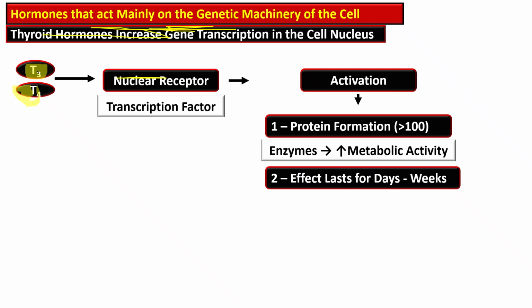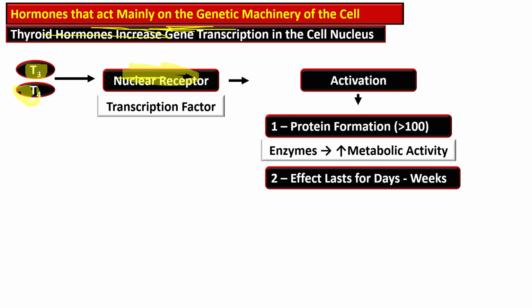They enter the nucleus and bind to the thyroid hormone receptor, and this thyroid hormone receptor protein is located directly on the DNA, often within the chromatin structure. These receptors are transcription factors that regulate gene activity.